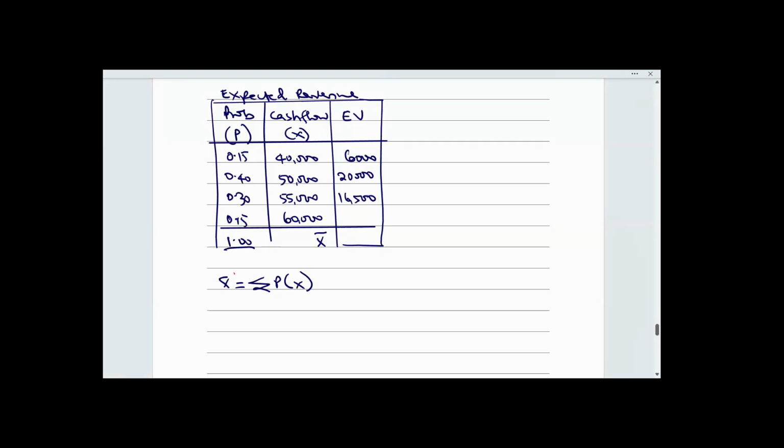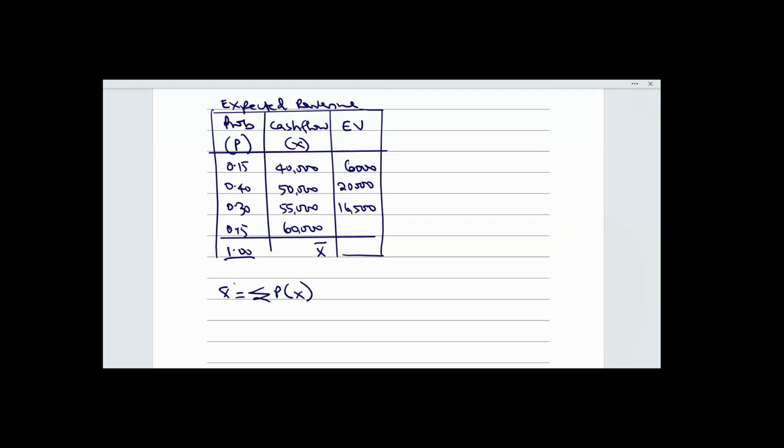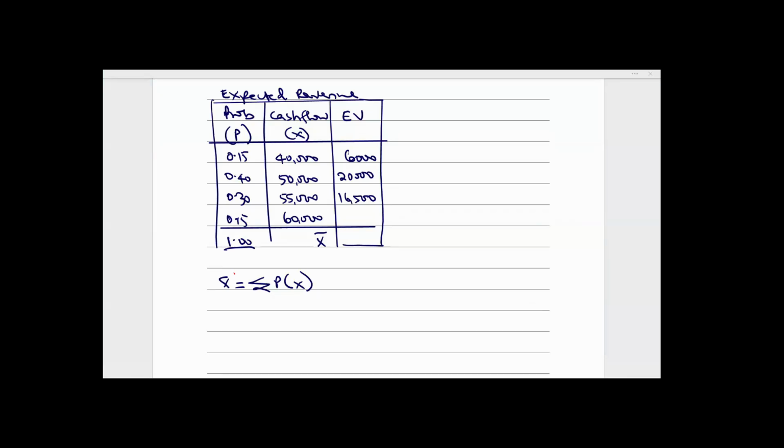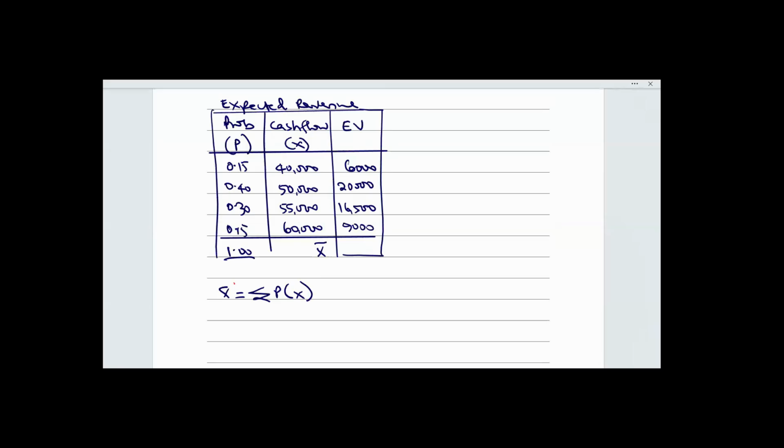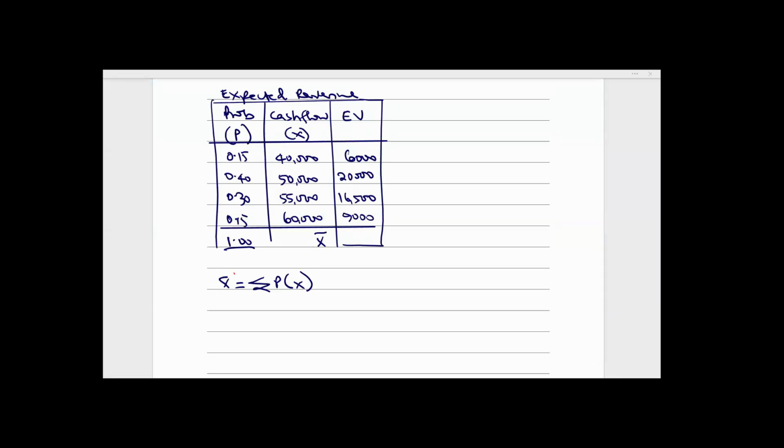Then 0.15 multiplied by 60,000, that's 9,000. We add up everything together. That will give us expected revenue. So 6,000 plus 20,000 plus 16,500 plus 9,000.